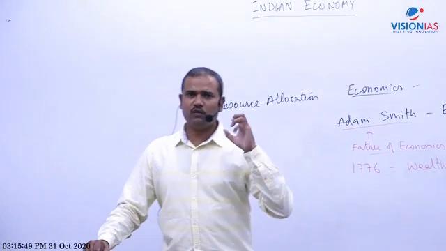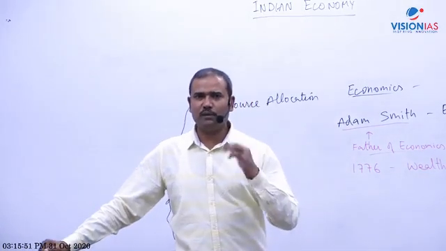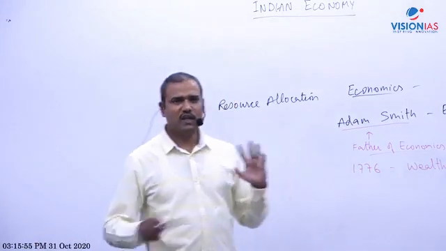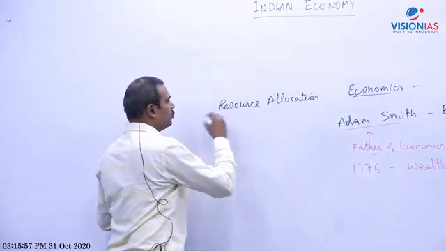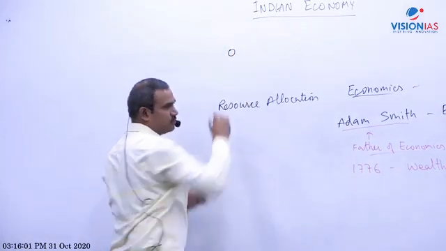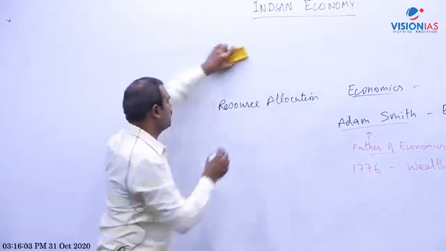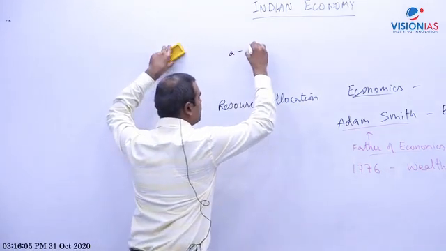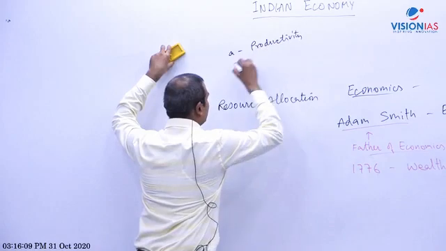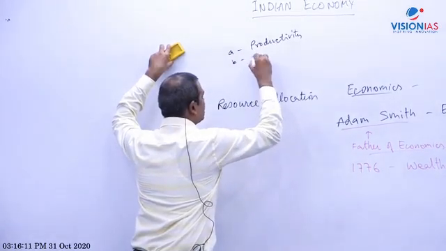What is the meaning of optimal? Which one do you think is the optimal use? The resource use which will maximize which one? I'll give you options. Option A, maximize productivity. Option B, maximize production.